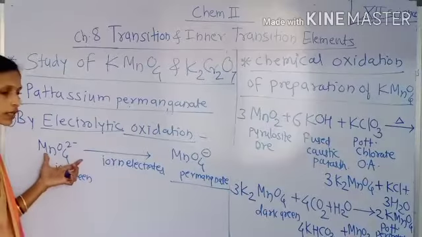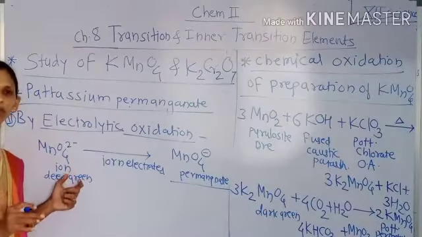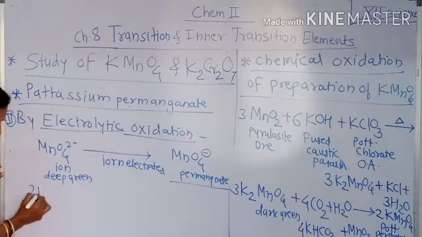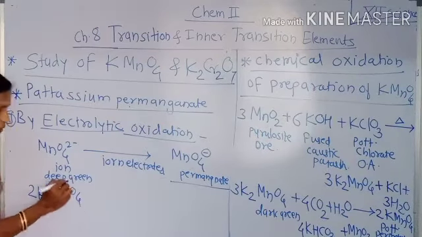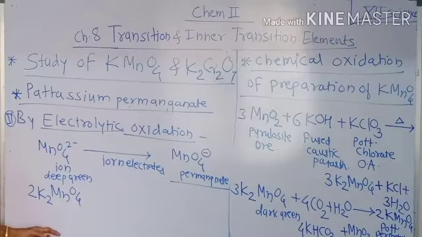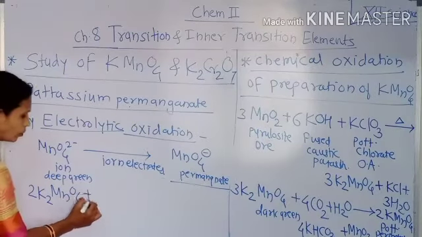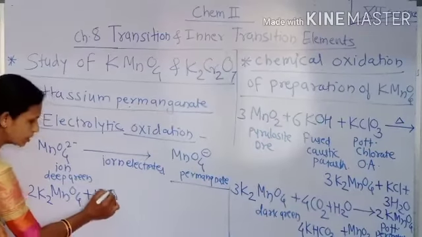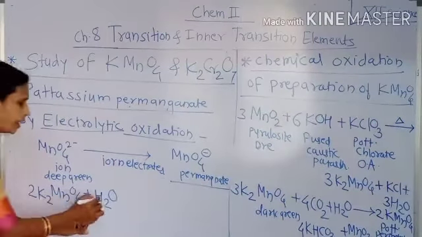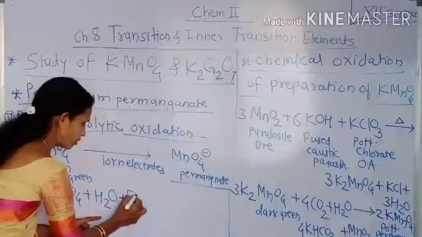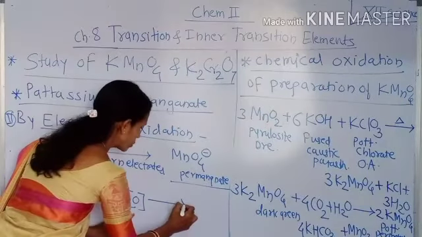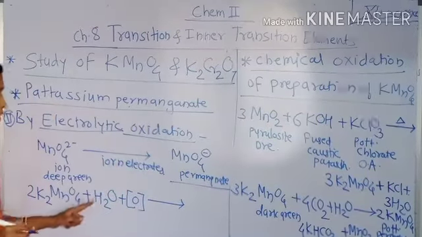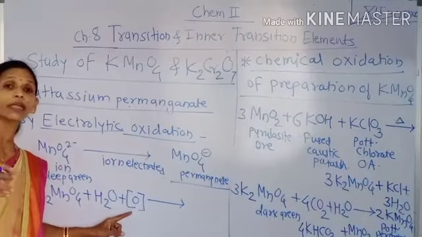Then the chemical reaction for this process: 2 K2MnO4, which is dark green in color, when electrolyzed in aqueous medium, is oxidized by nascent oxygen. Oxidation takes place at the anode.